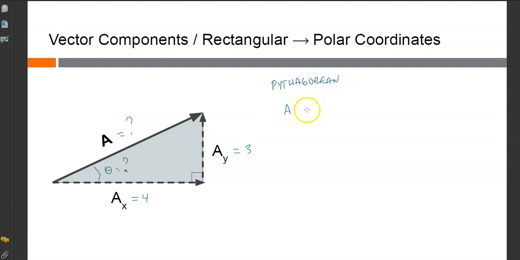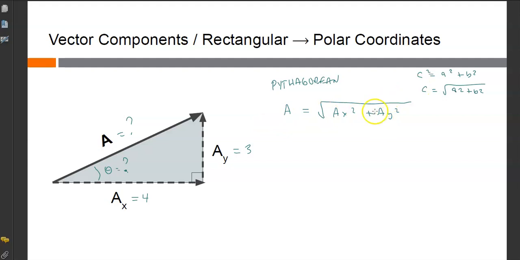So I could come in here and say A, the length of that side, is equal to the square root of A sub x squared plus A sub y squared. All right. Pythagorean theorem, like we wrote it the first time, was C squared equals A squared plus B squared. So all I've really done here is gone ahead and taken the square root of both sides and then just replaced A with A sub x and B with A sub y, just to get it in the names of the sides of this triangle instead of a generic triangle.